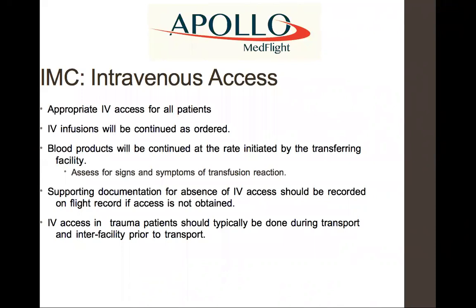If you are picking up a patient from a scene call, utilize their ambulance. If you need to put an IV in or a secondary IV in, do it in the sending facility ER room or ICU. Just try to get that done before you lose that extra room and extra hands. In the Rotor, you have even less room.